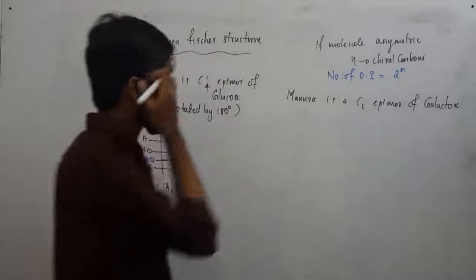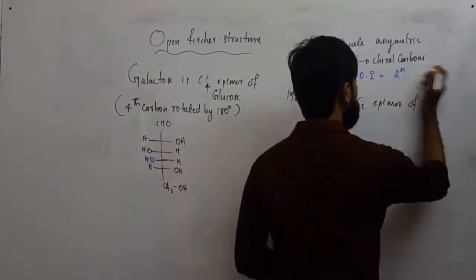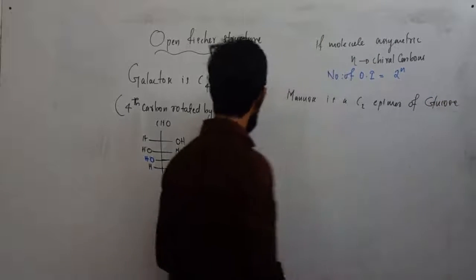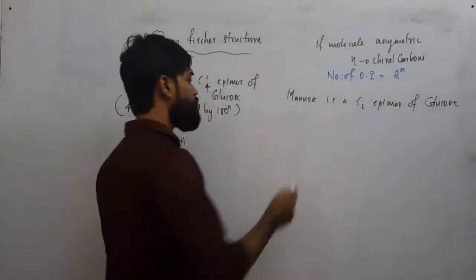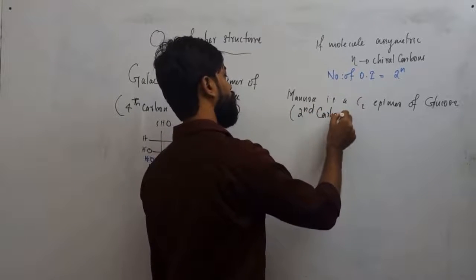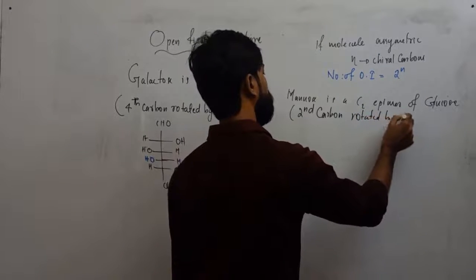I'm sorry, it's not galactose. It is glucose, the C2 epimer of glucose. Which means the second carbon is rotated by 180 degrees.